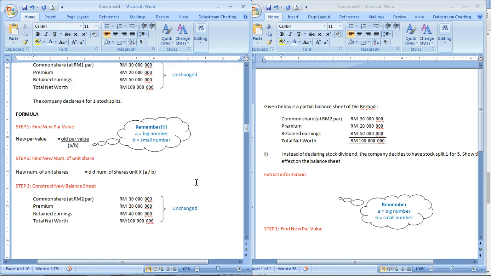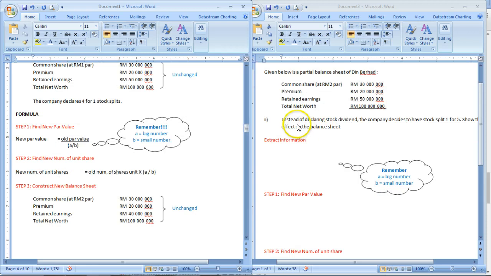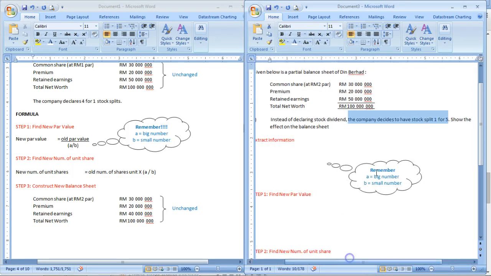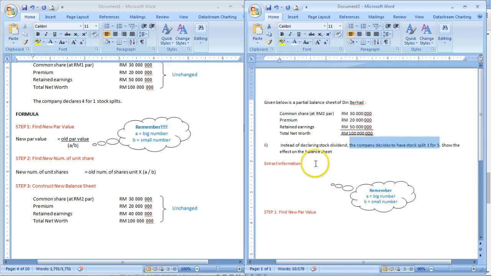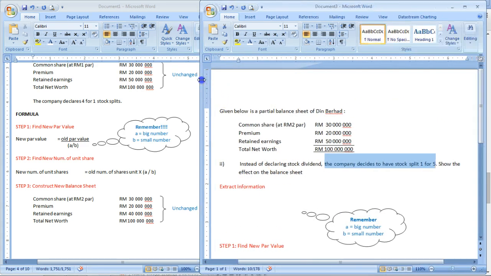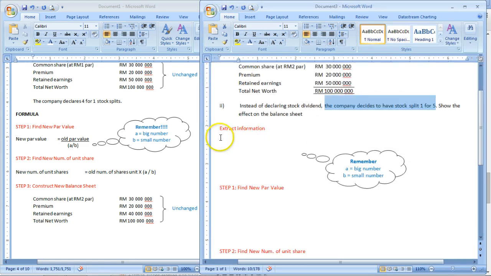Now, using the same question, but instead of declaring stock dividend as in video 1, in video 2 the company decides to have a stock split of 1 for 5 and show the effect on the balance sheet. How? First, you need to extract the information.